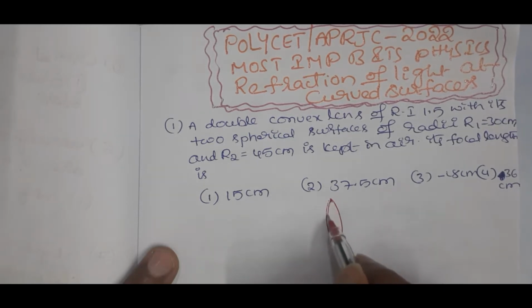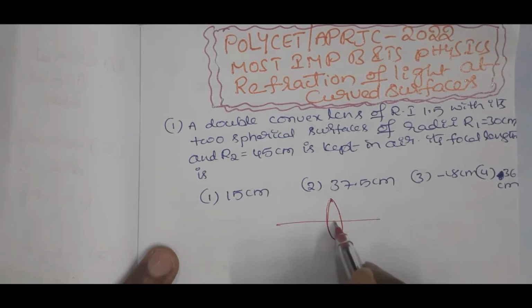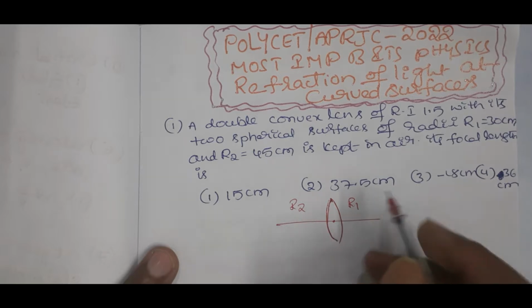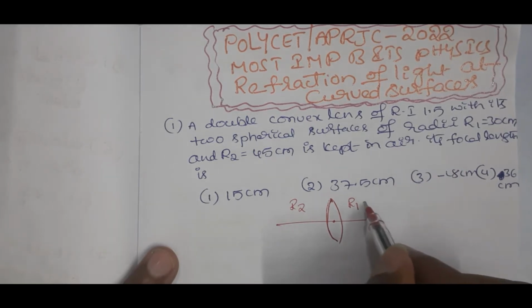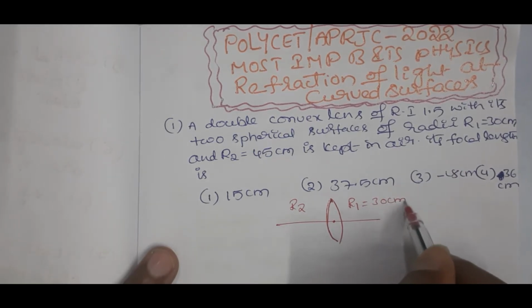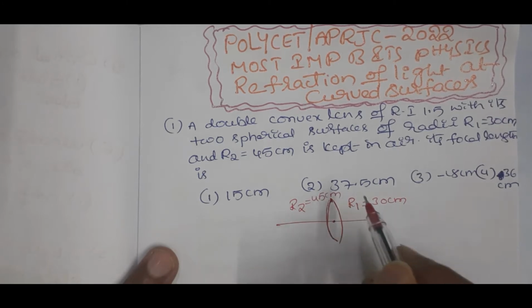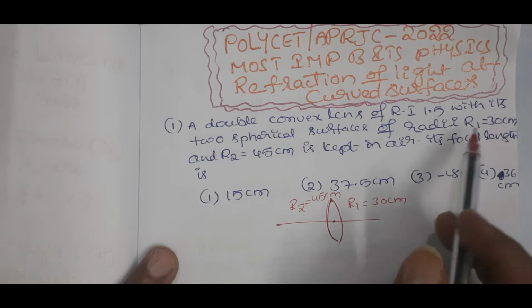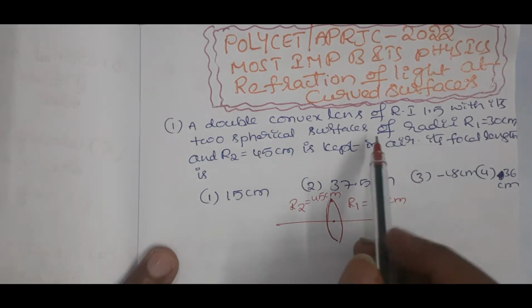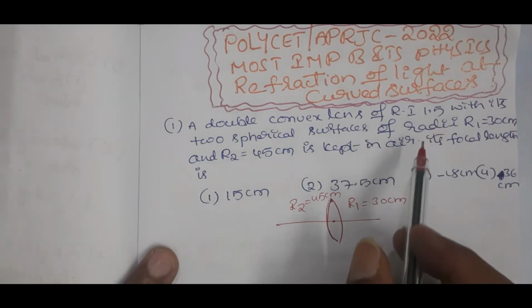It is a double convex lens, with the principal axis and radii r1 and r2. r1 is given as 30 centimeter, r2 is given as 45 centimeter, and the refractive index is given as 1.5.